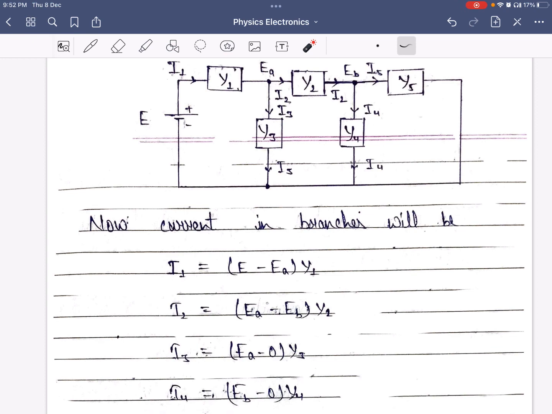With the help of Ohm's law in admittance form, we can find the current in all the branches. Since current I1 is flowing from potential E to EA through admittance Y1, I1 will be equal to E minus EA into admittance Y1. Current I2 is flowing from potential EA to EB through admittance Y2. So current I2 is equal to EA minus EB into admittance Y2.